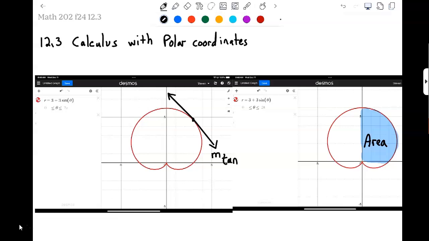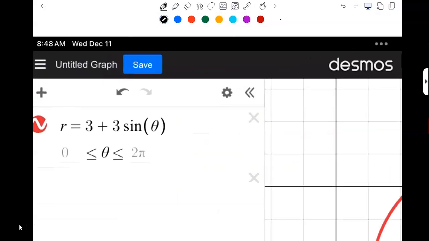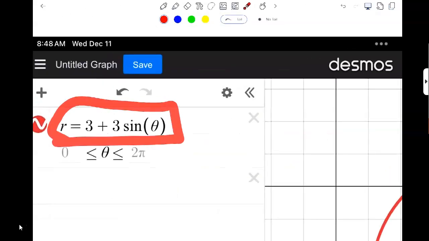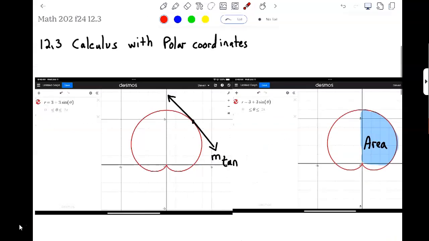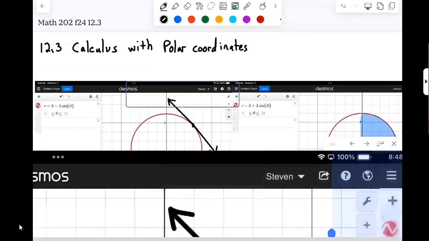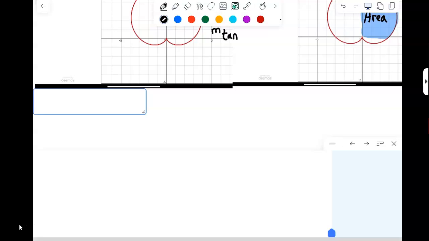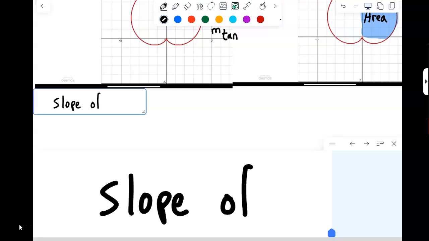And at first you might think, how do we do that? Because these things are in terms of r and theta, and slope is in terms of x and y. So we want to talk about the slope of the tangent line.